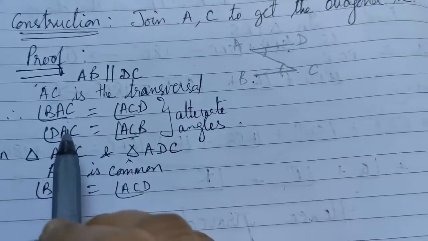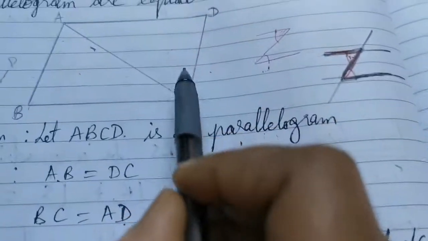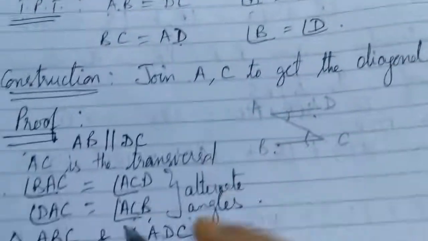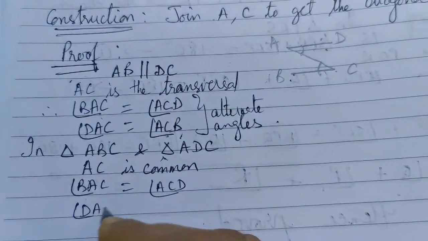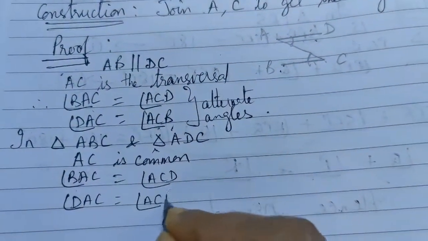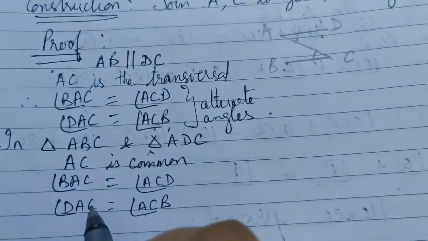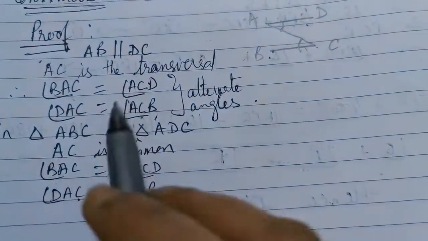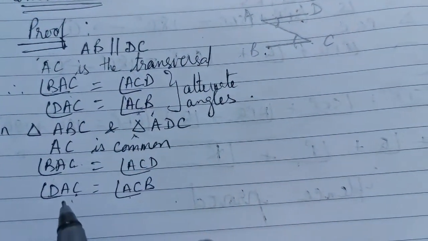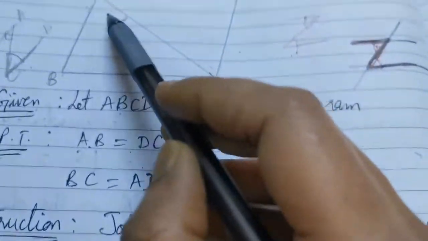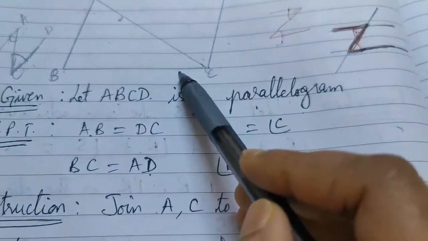And again, DAC is from my second triangle and ACB is from my first triangle. So, angle DAC is equal to angle ACB. Now, three properties are the same: angle, side, angle.